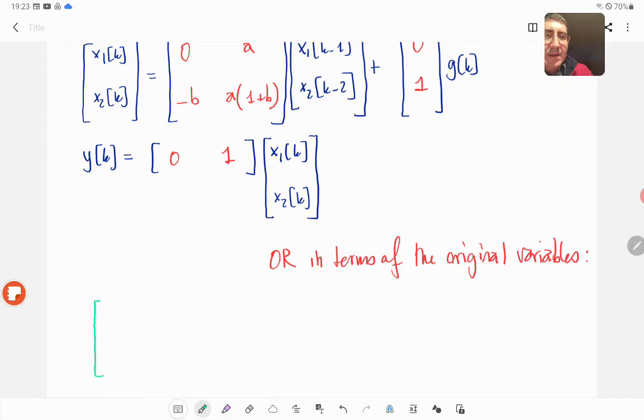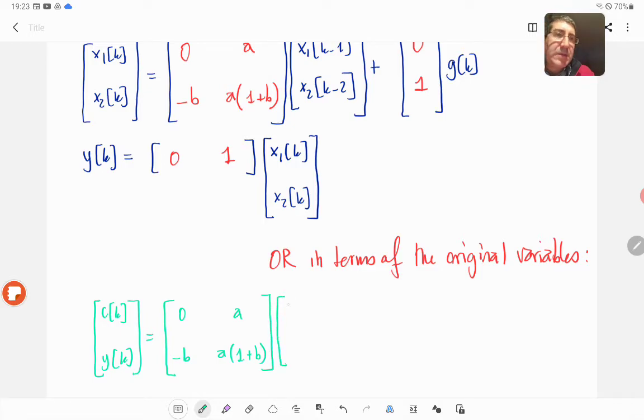You will have c of k, y of k, the two states, equal to 0, a; minus b, a 1 plus b, times c k minus 1, y k minus 1, plus 0, 1 times g of k.